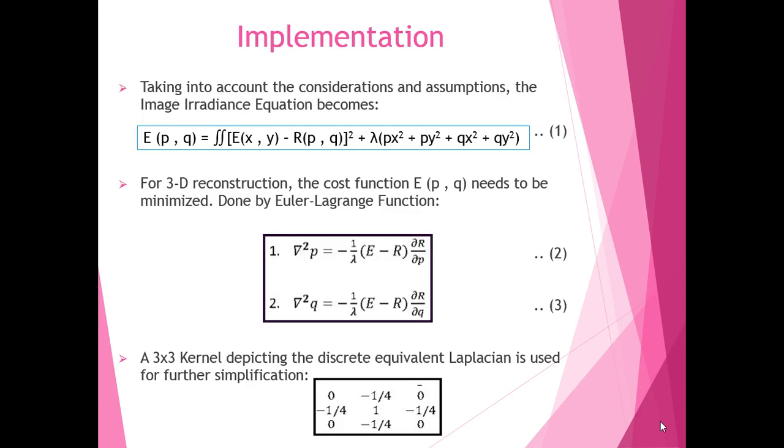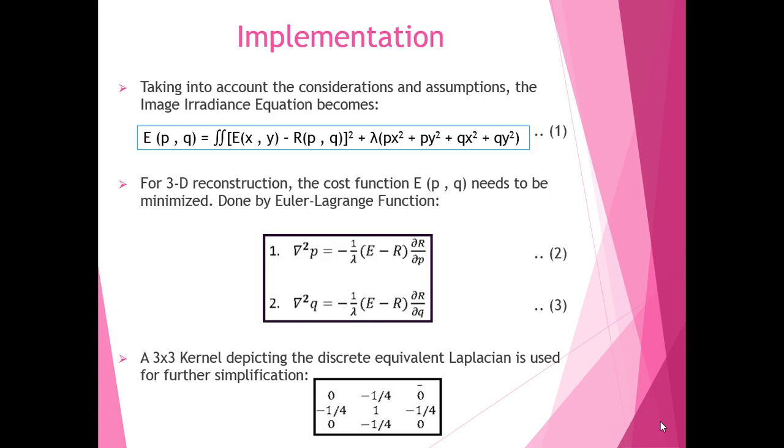Now moving over to the implementation of the project. Taking into account the considerations as well as the assumptions discussed previously, the image irradiance equation can be represented as the one indicated with equation 1 in the slide.